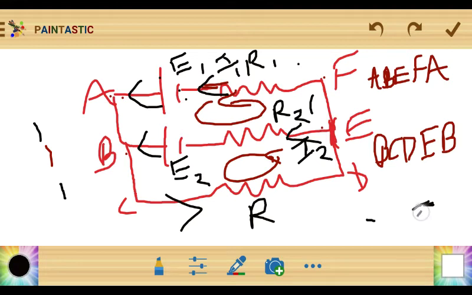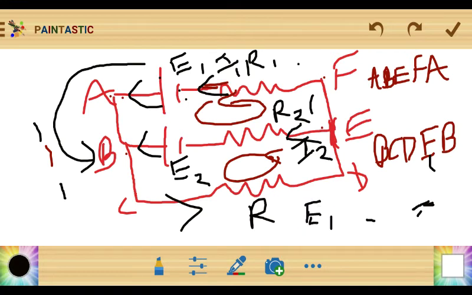And second, if we travel from the negative to the positive electrode of the cell, if you look at the battery, then EMF is taken as positive. So as we travel from A to B in the loop, the battery goes negative to positive, so we can take E1 as positive.